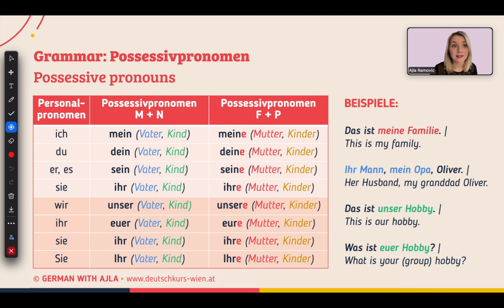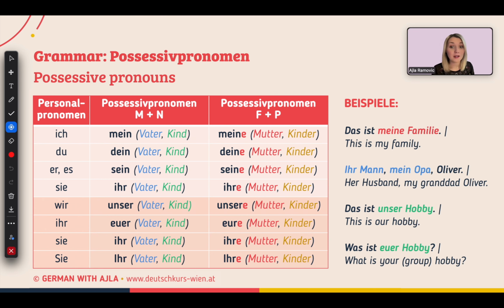Her name is Laura and we are just speaking about her family. In this situation, we would say, das ist ihr Vater und das ist ihr Kind, meaning this is her father and this is her child. Remember, we are speaking about Laura.